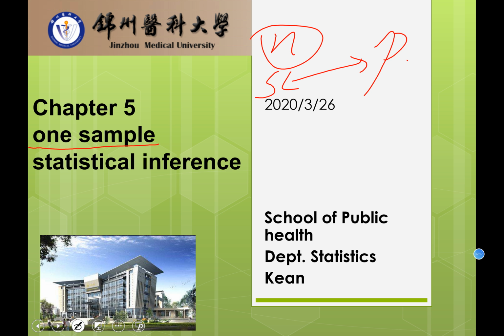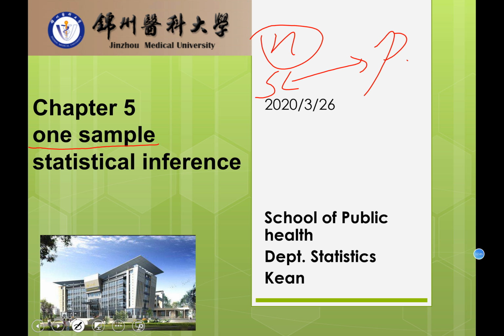So when we are trying to solve questions of one sample statistical inference, there must be some useful information in the question, and the information includes the data of a single sample and the data from a given population.